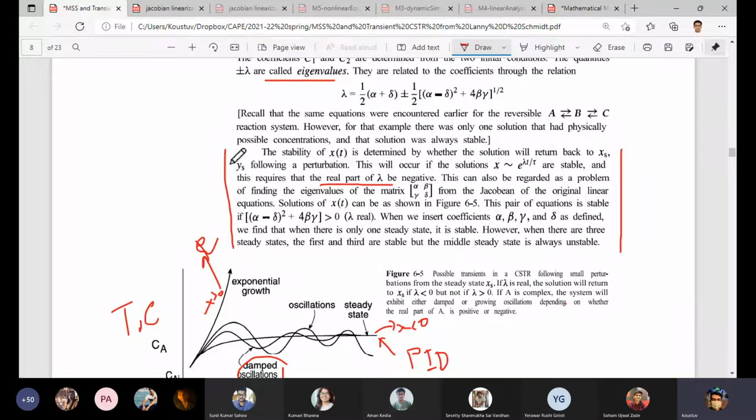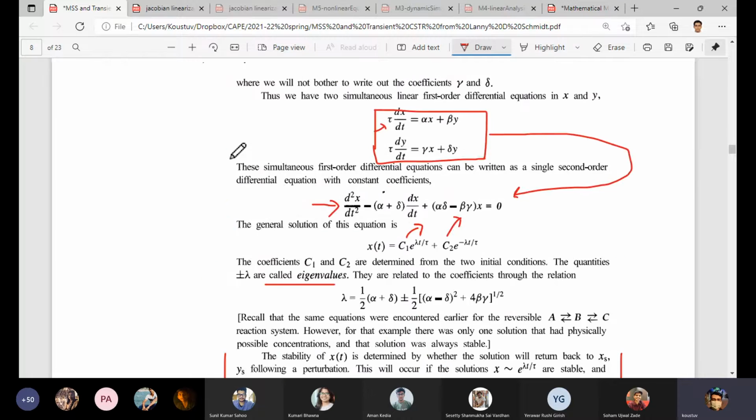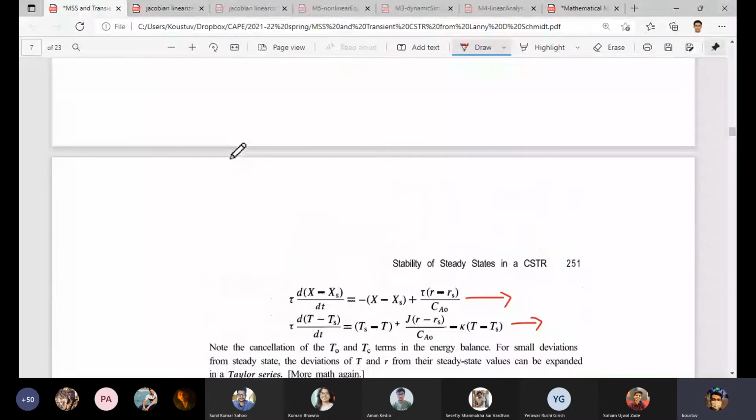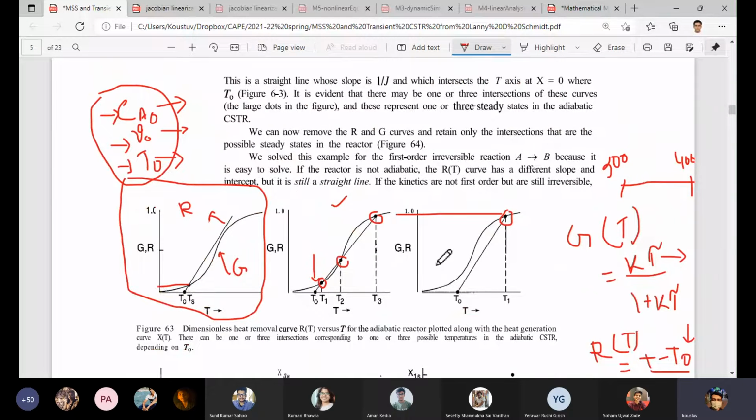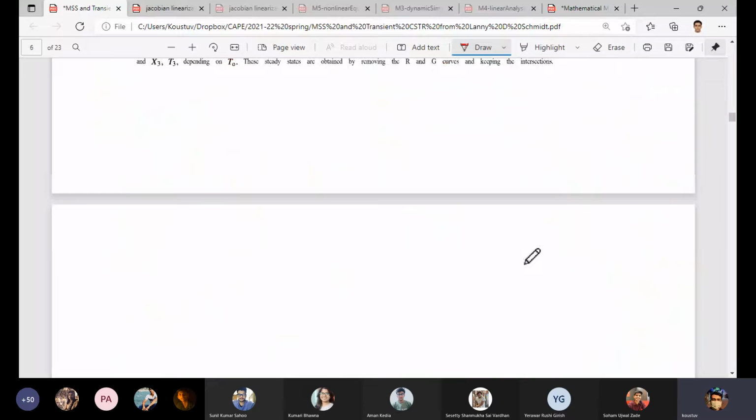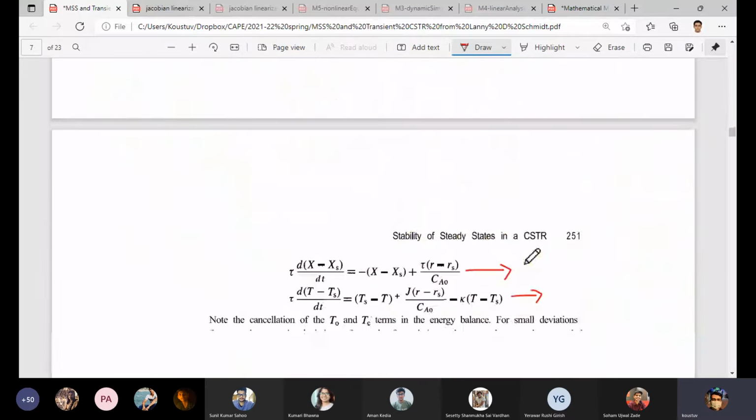It not only has the graphical understanding, but sometimes it may be efficient to do it mathematically, because for nonlinear equations or nonlinear ODEs, just by looking at the nature of the graph, we may not be able to plot it graphically as we had done here. We did the R term and G term, but it is not always the case.